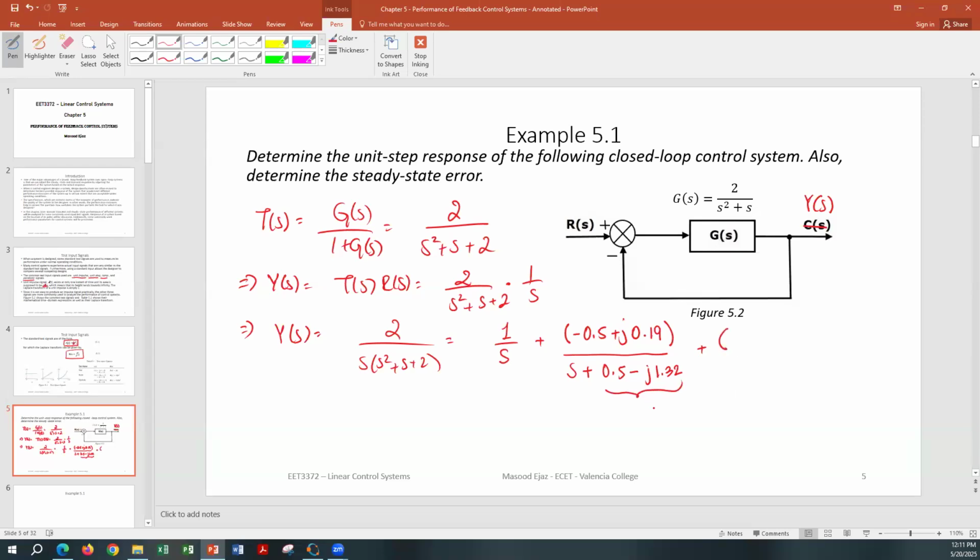This is your A, and negative 0.5 minus j 0.19 over s plus 0.5 plus j 1.32, and this is your A conjugate.